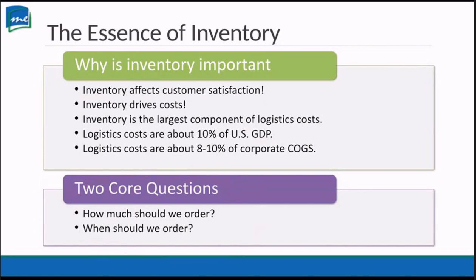Basically, when we discuss how to manage inventories, we discuss how much we should order and when we should order. So we talk about quantity and time. These are the core questions we need to figure out in terms of inventory management.